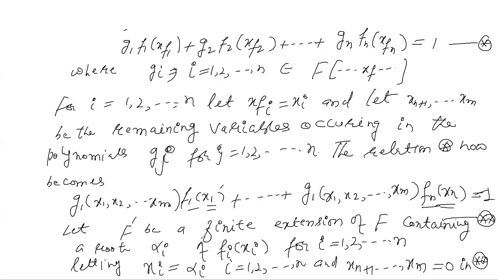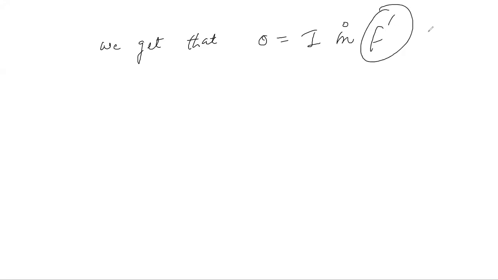Alpha 1 is a root of f1, so f1(alpha 1) would be 0, and so on, fn(alpha n) is 0. So then this double star equation would imply 0 equal to 1 in F', which is impossible as this is a field.